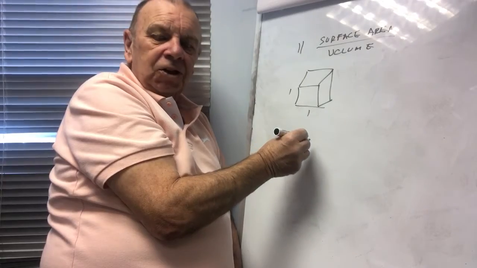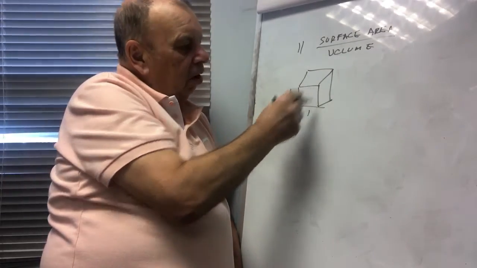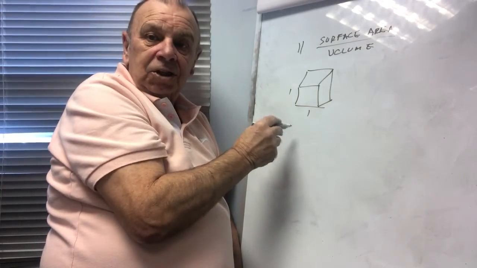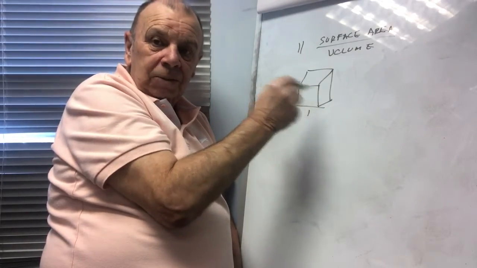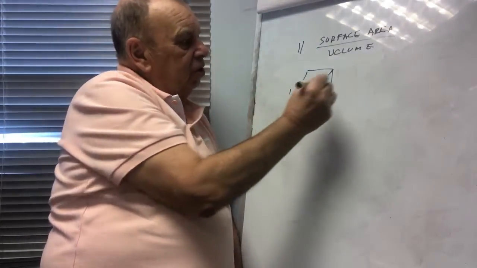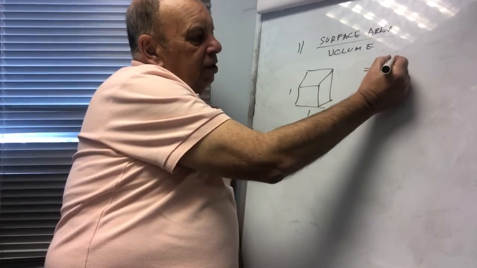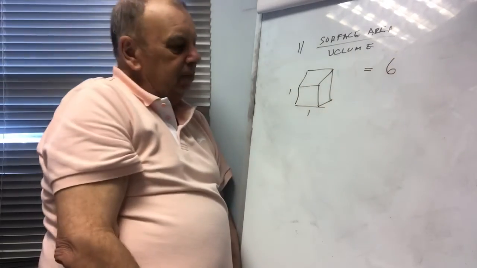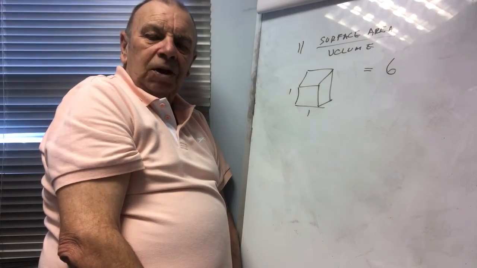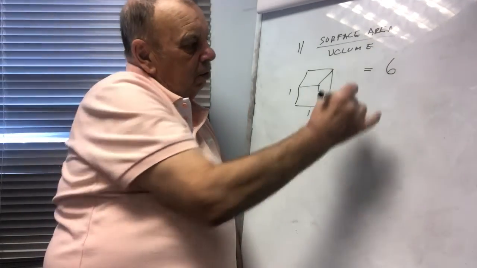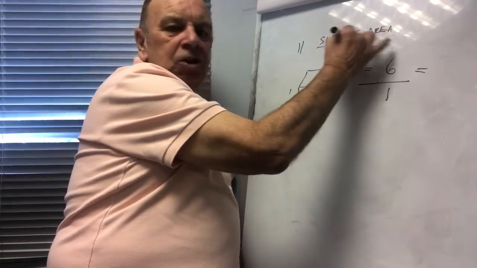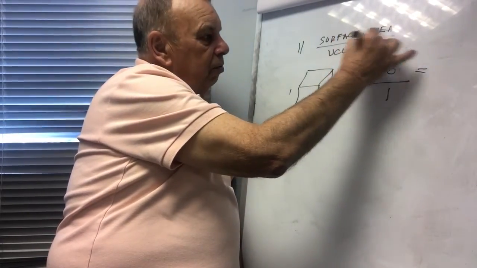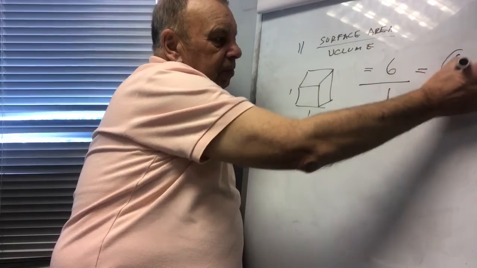Its surface area, there are 6 sides, each one is 1 by 1, 1 times 1 is 1, and its surface area is equal to 6, and its volume is 1 times 1 times 1, which is 1, so its surface area to volume ratio is 6.